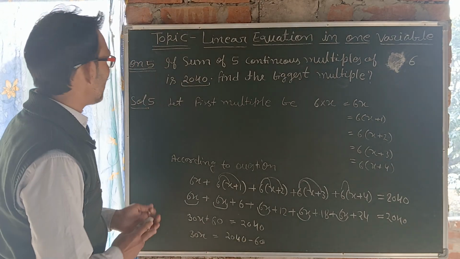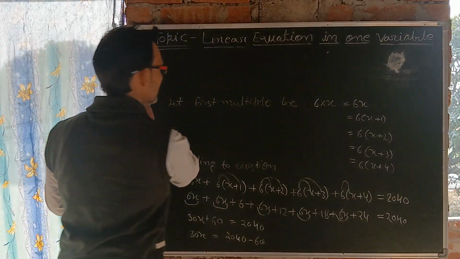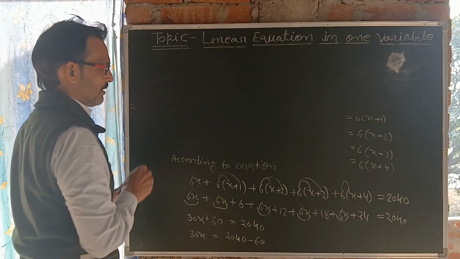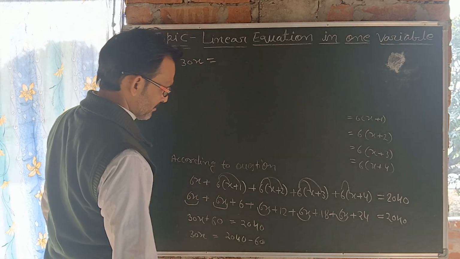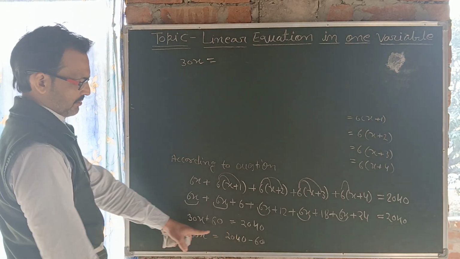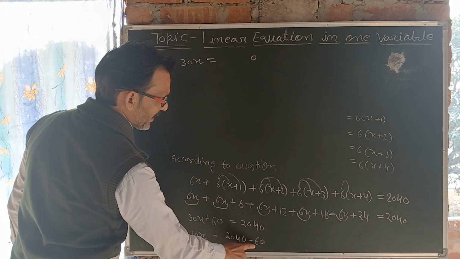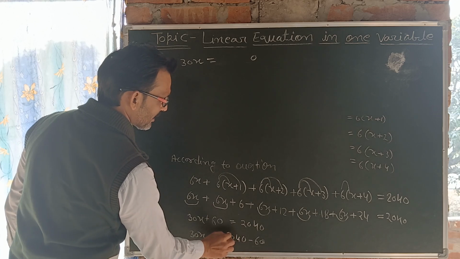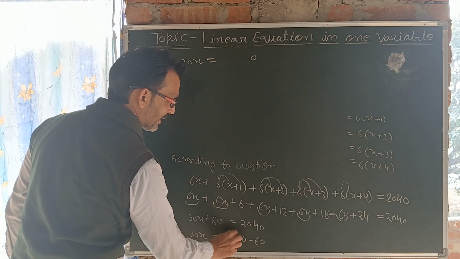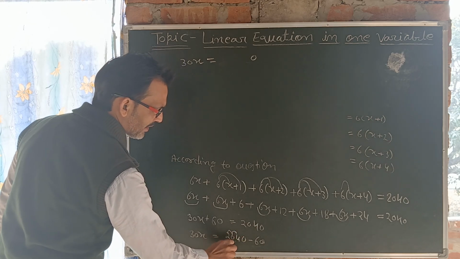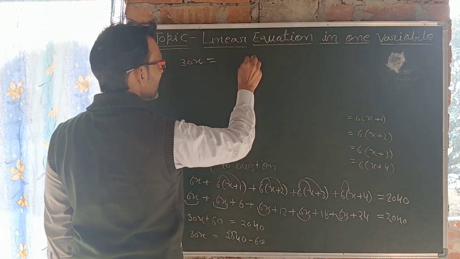Now we continue. 30x equals how much? I will subtract 0 from 0, it will be 0, and from 4 we can't subtract 6, so I will take a carry, it will be 14. 14 minus 6, how much? 8.